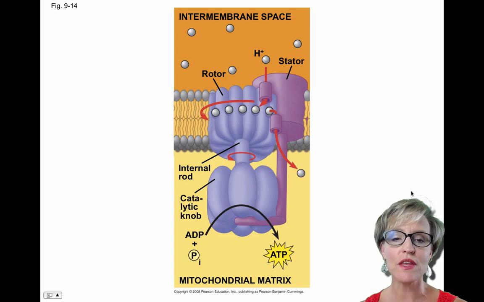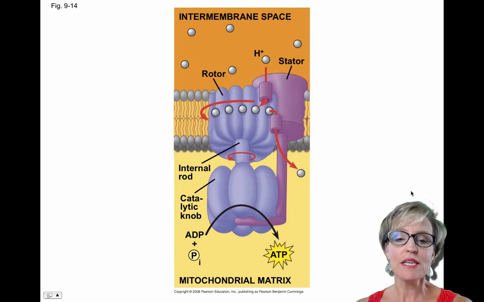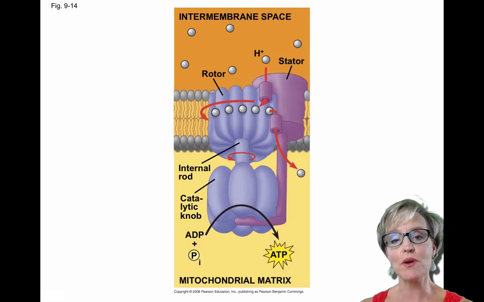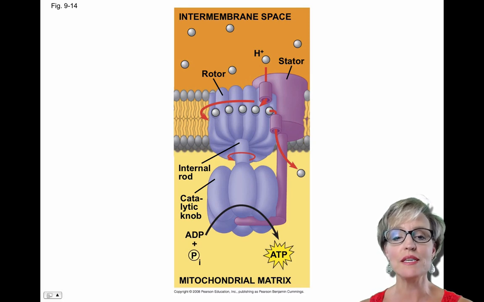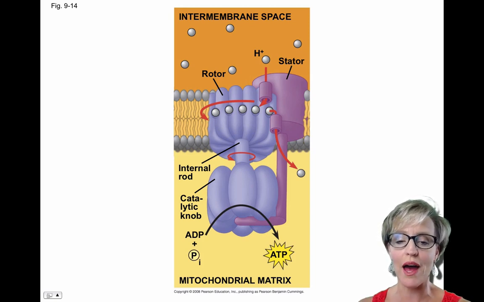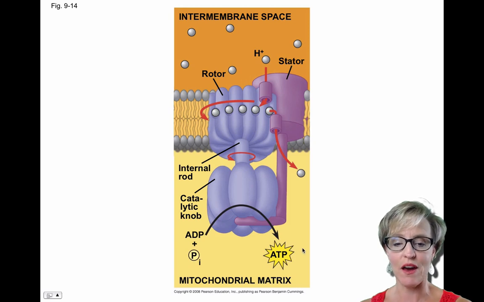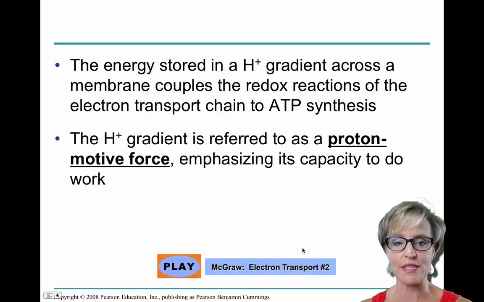Now, here's the ATP synthase a little up close. Notice the intermembrane space. We've got many hydrogen ions or protons. They will flow through the ATP synthase, creating the movement of the rotor, and that is what will actually make ATP, and we are back inside the mitochondrial matrix.